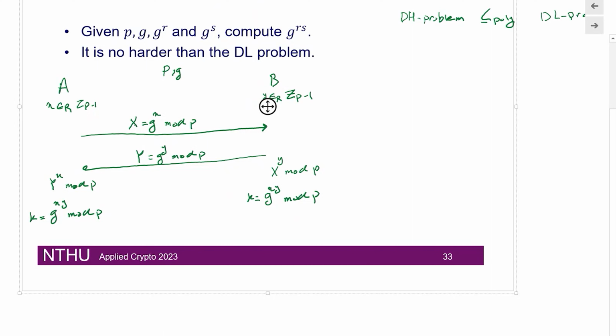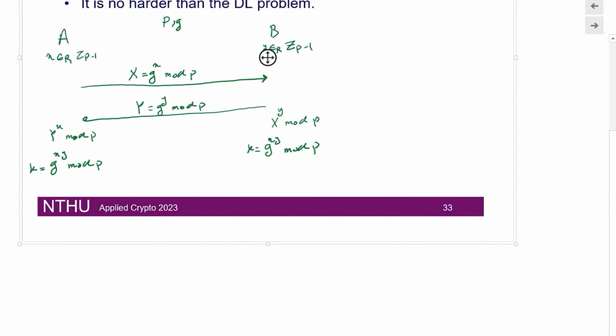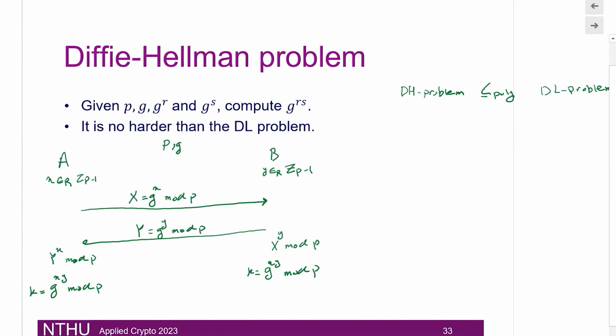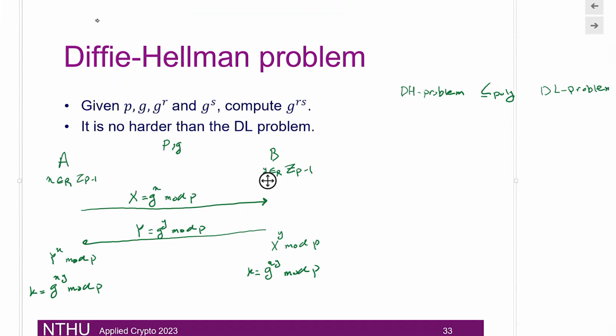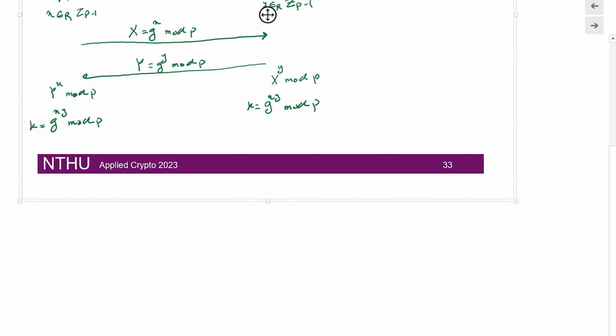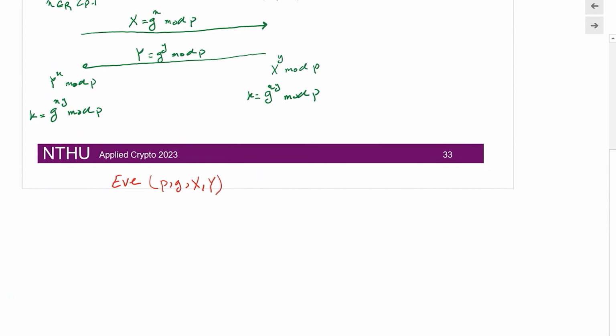Eve observes P, of course she knows G, she knows capital X, and she knows capital Y. But if she multiplies X by Y, she computes G to the x times G to the y.